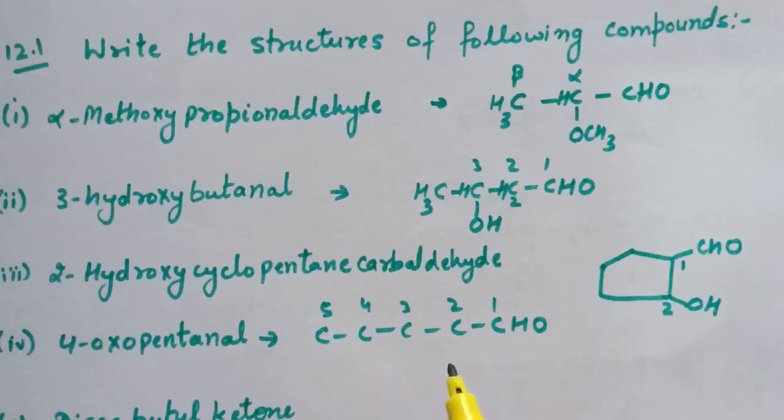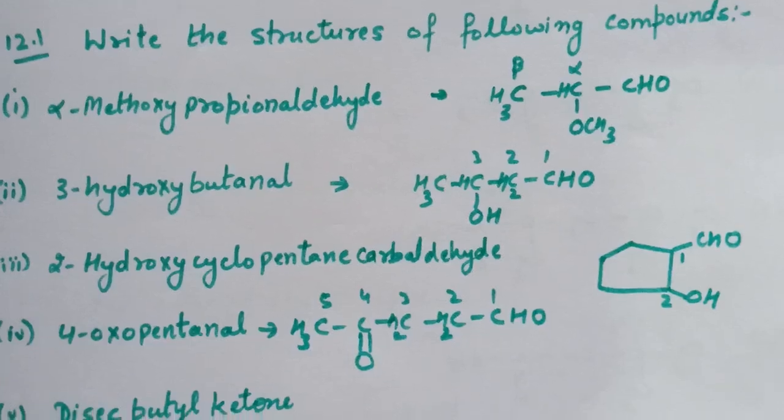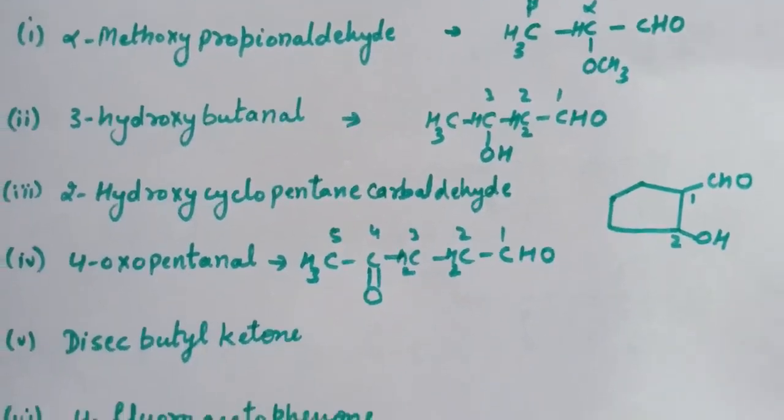Whenever aldehyde and ketone both are present in the same structure, we give preference to aldehyde as the main functional group, and then the ketone will be a substituent. So at fourth position it has C double bond O. Now complete all the valencies by placing hydrogen. So this is 4-oxopentanal.